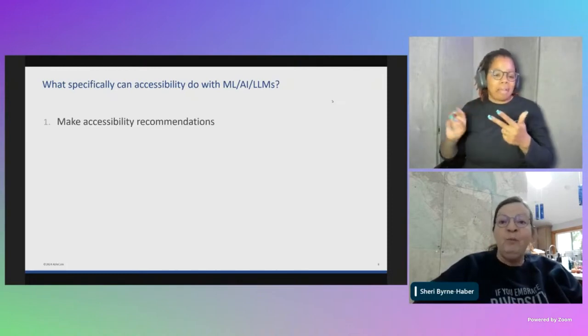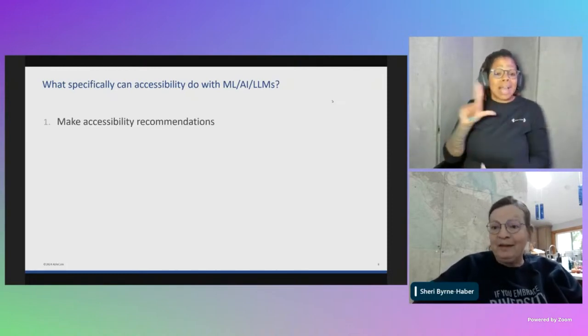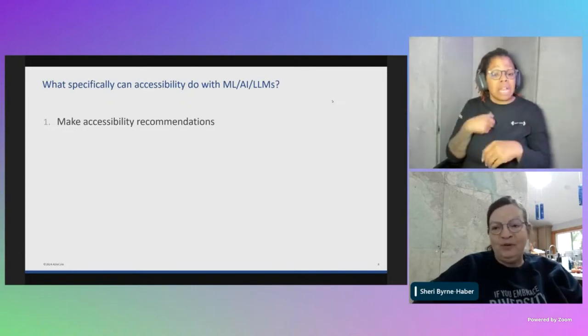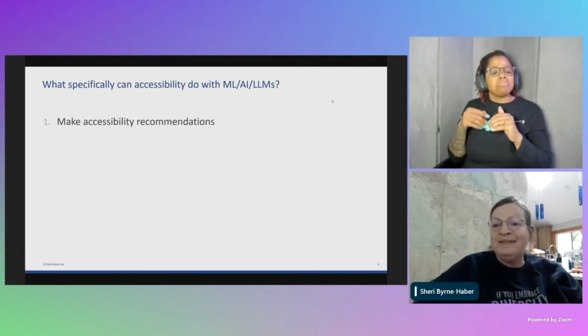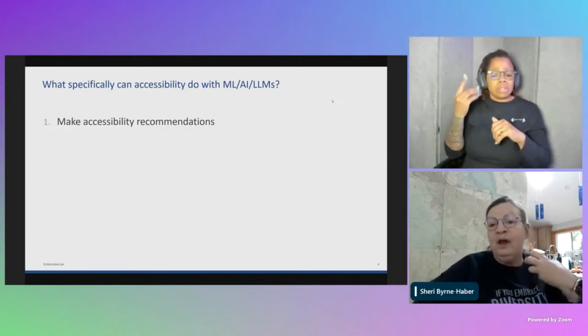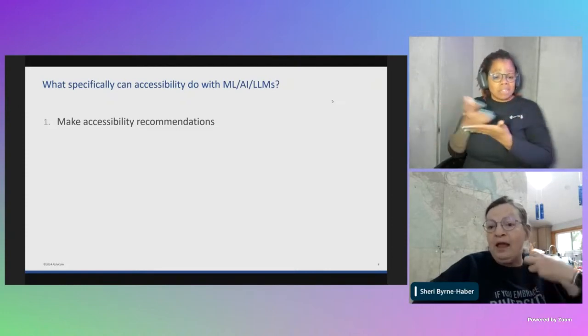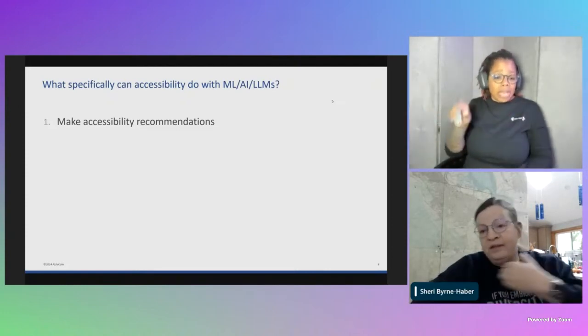So first of all, LLMs can make accessibility recommendations. And I'll provide some examples of that in a few minutes, because it has consumed all the WAI and W3C data on accessibility.